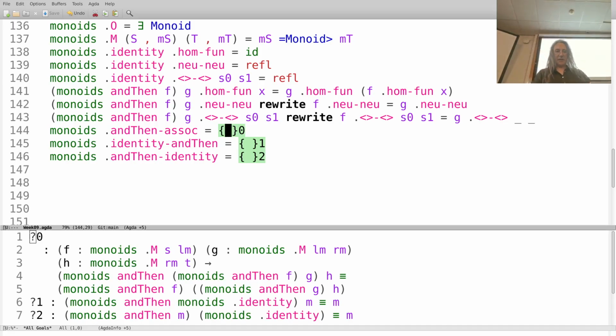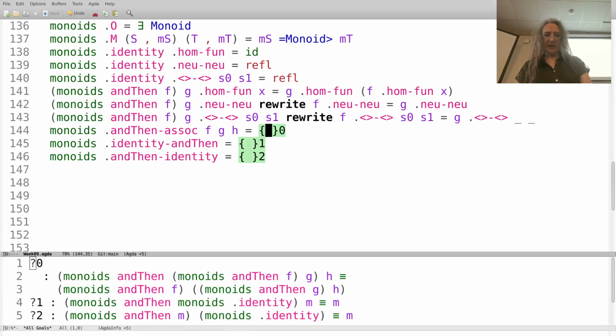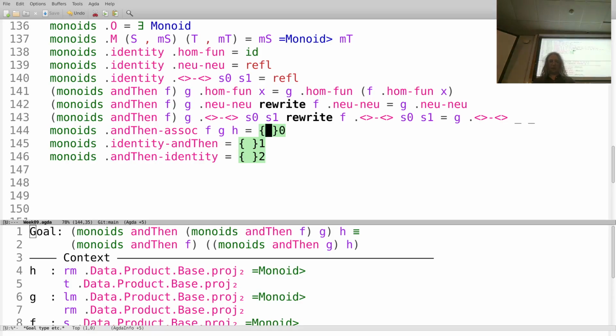Now we have to show that this thing is going to play nice, and something exciting will happen. And I can tell, right? So this is me being asked for an equation between monoid homomorphisms.